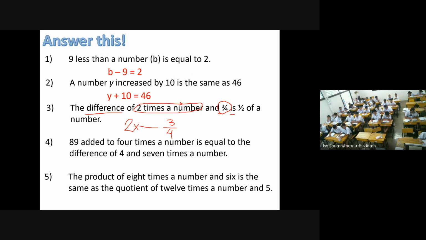Is means equals. Is 1 over 2 of a number. Of means multiply, 1/2 times the number x.